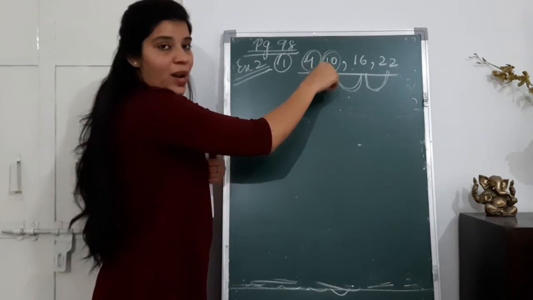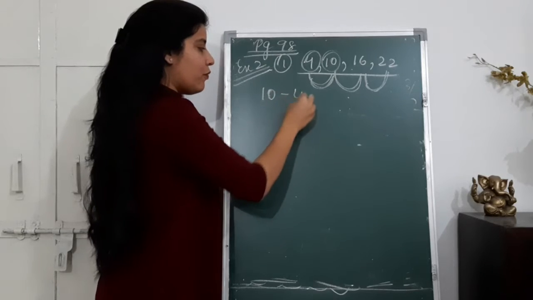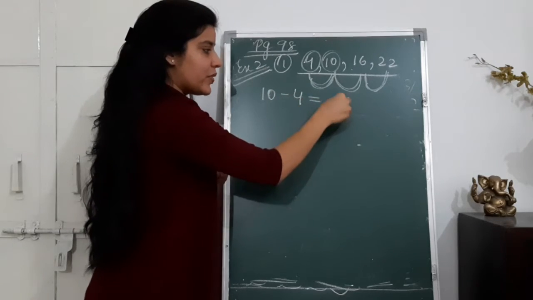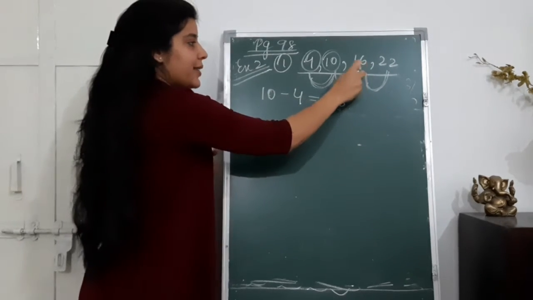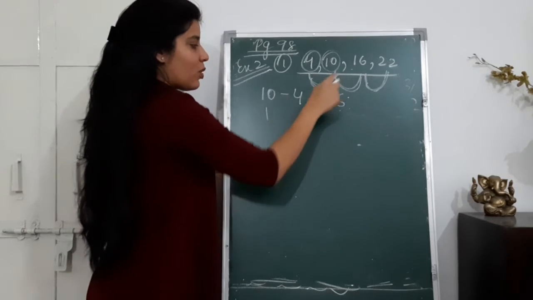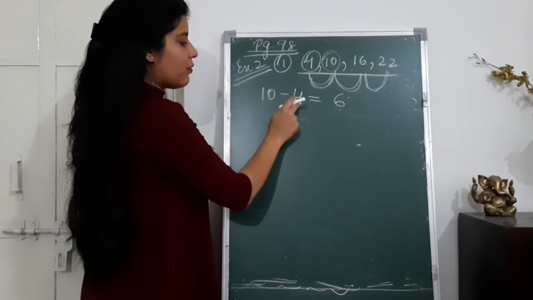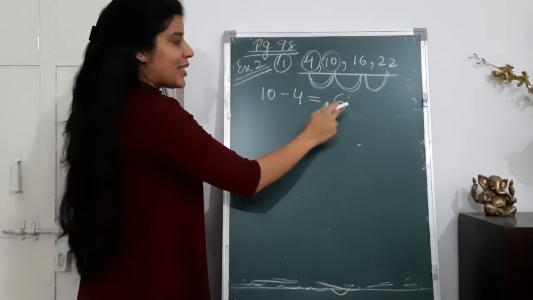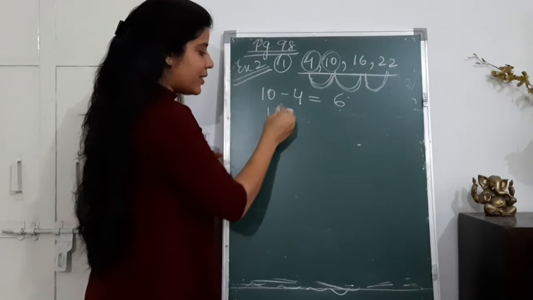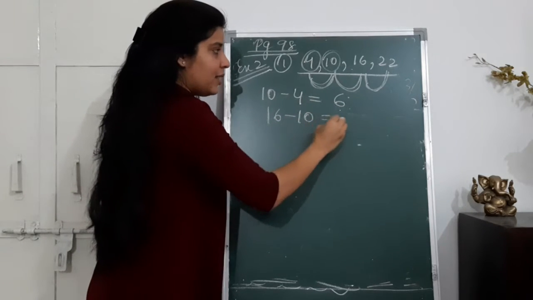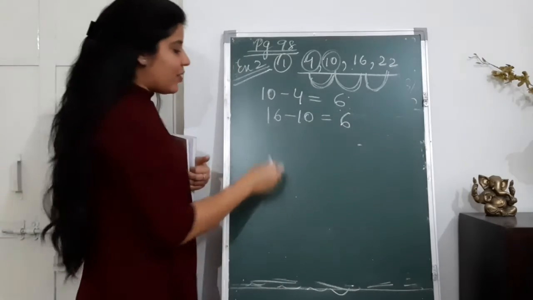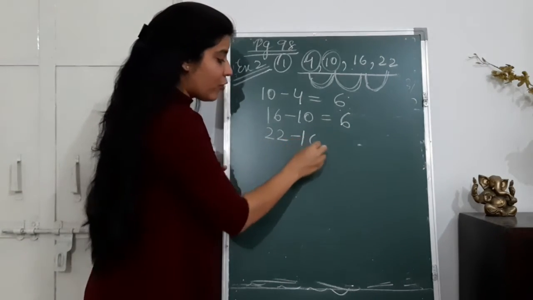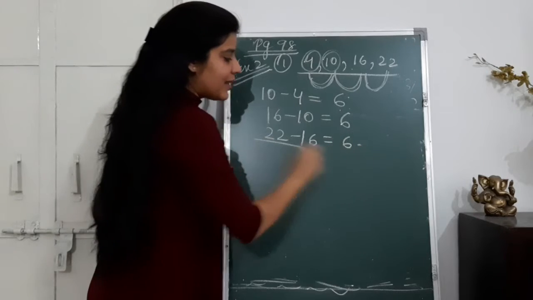When you subtract 4 from 10, you get 6. When you subtract 10 from 16, you get 6 again. When you subtract 16 from 22, you get 6 again.